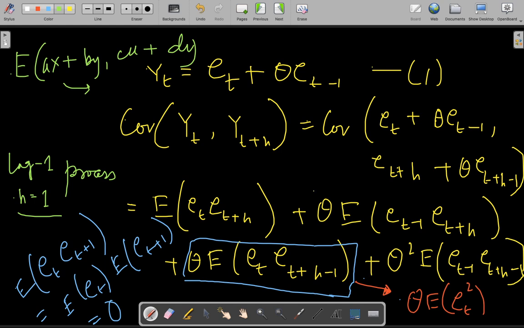Let me use a different color for my h is equal to minus 1 part. So this is the term that is going to be important for h is equal to minus 1. This is the term which is going to have some value, so let me write down what that value would be.